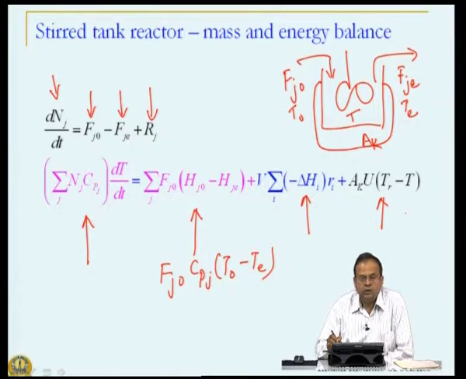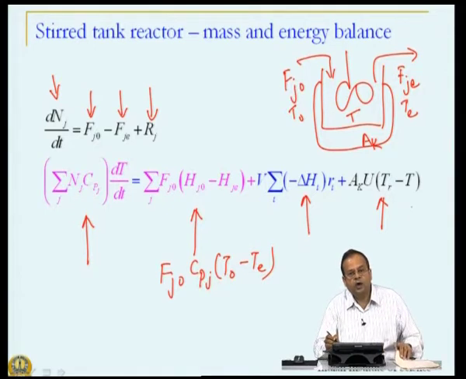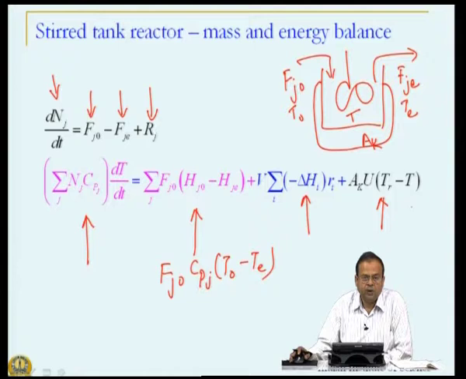Now, let us move forward and see what happens to our mass and energy balances when we have multi-phase systems, and in particular gas solid catalytic reactions. Non-catalytic reactions will be along similar lines.